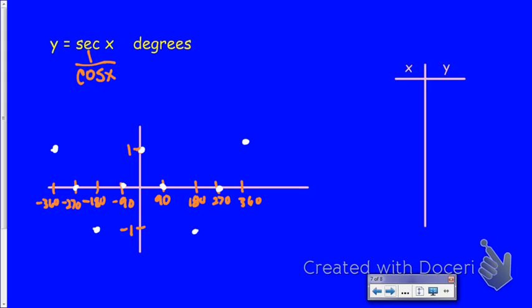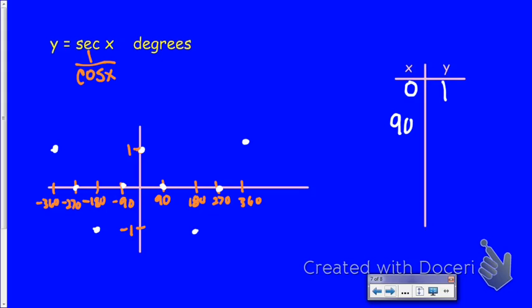So again, we're going to look at what happens when I plug those x values into that equation. If I plug in 0, the cosine of 0 is 1. The secant of 0 is the reciprocal, so it's 1 divided by 1, which is still 1. So that is still a point on my graph.